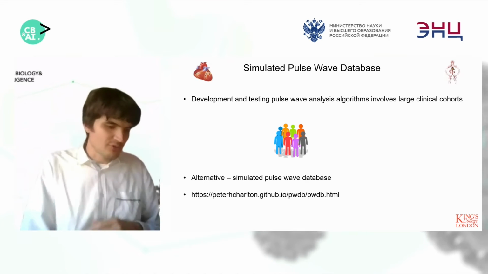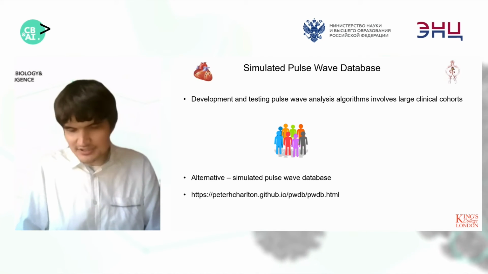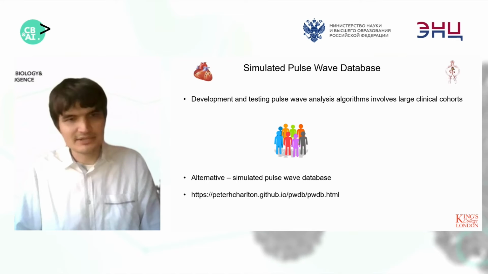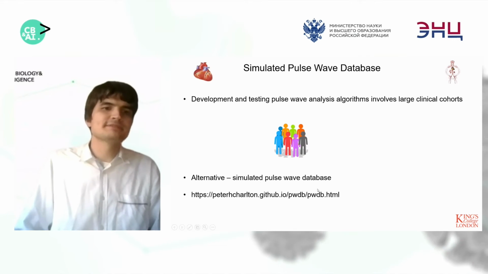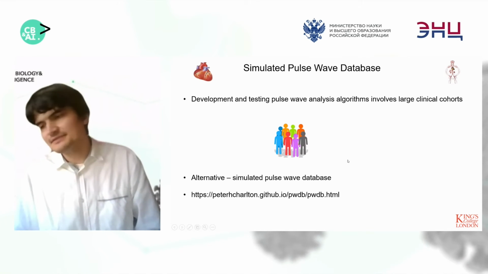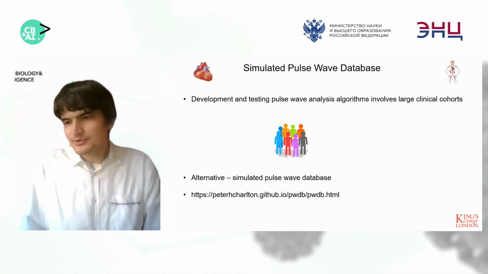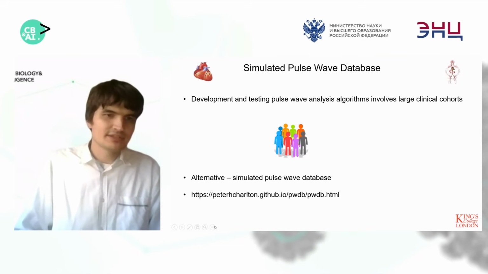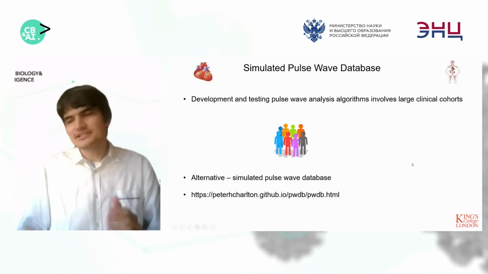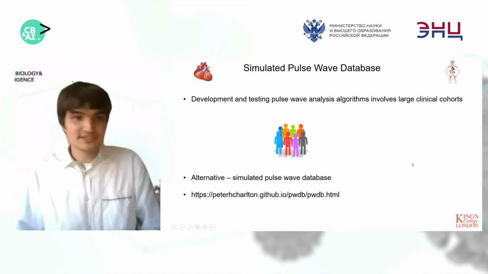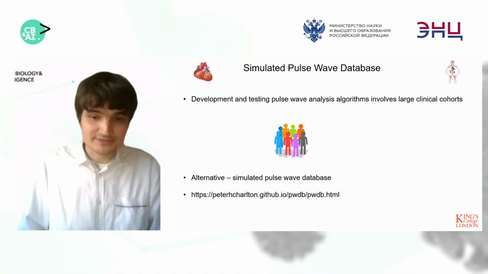We need to perform clinical studies. This is hard, expensive, and takes a long time. So a good alternative is a simulated pulse wave database. One of them was developed at King's College London, and here is the website for this database. So what is the simulated pulse wave database?